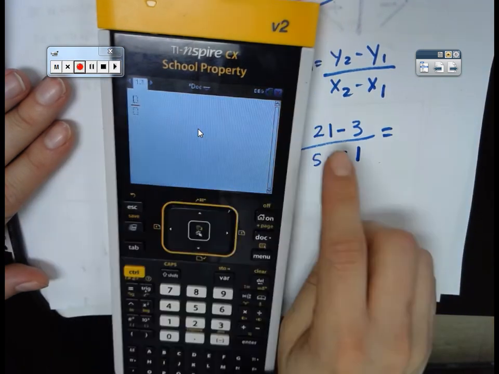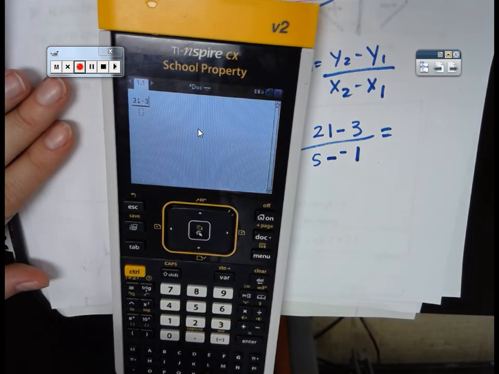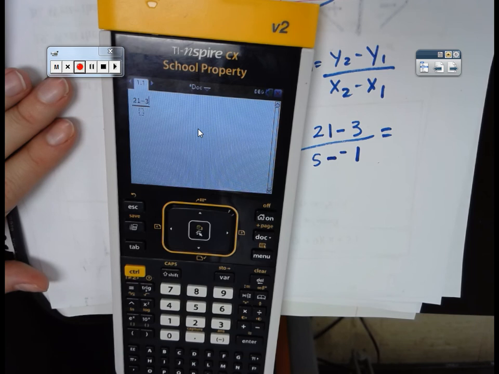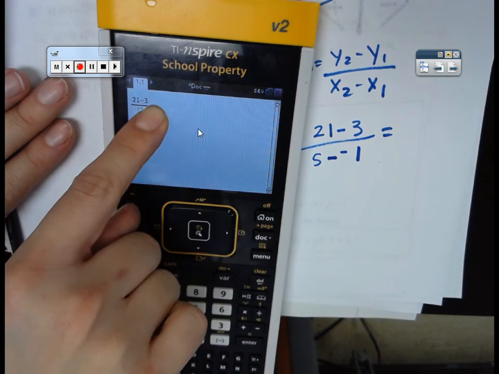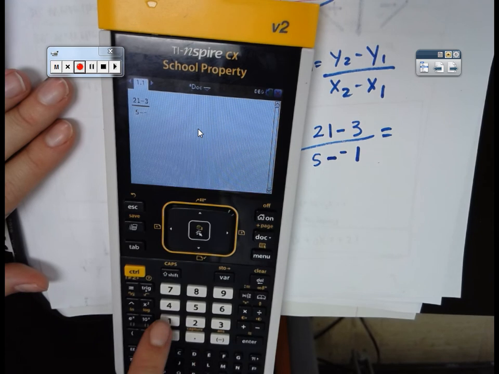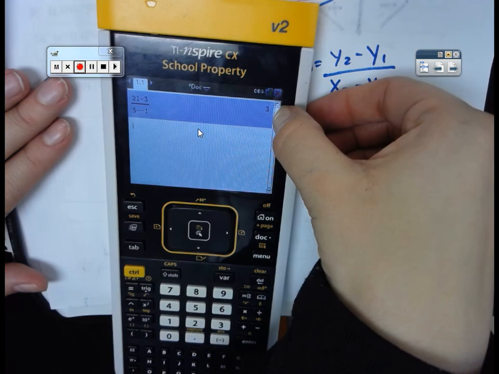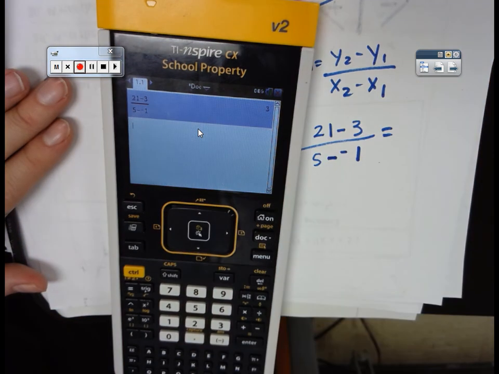Alright, so 21 minus 3. That's going to be your numerator because I'm subtracting the 2 y values over 5 minus a -1. Okay? Alright. So in this one I got 3, so my slope is 3.